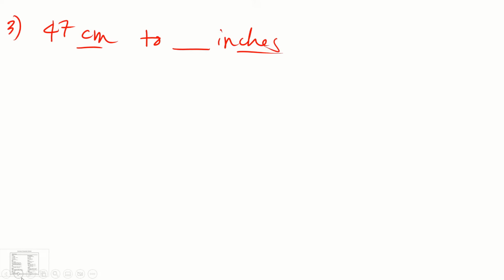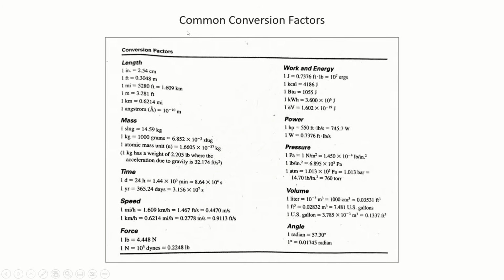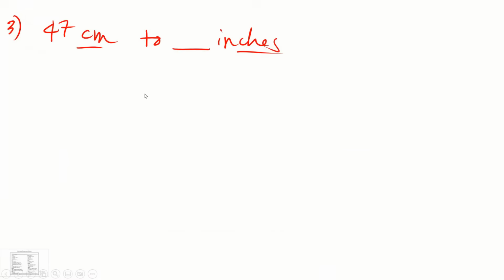If we look at our table, there are 2.54 centimeters in 1 inch. Using this equivalence, we can create the conversion factor.